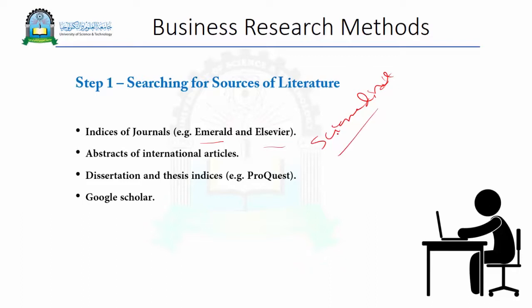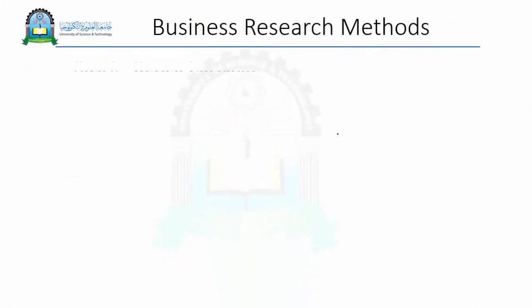All these indices are good sources for the literature review, as you can find the most recent work in the same area anytime, and it is online. Going to the library, finding out data from secondary data, from books, from articles of the published journals, from reports, all these can be a source for the literature review.